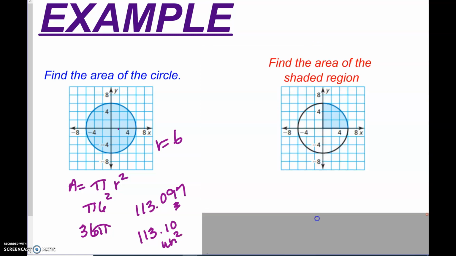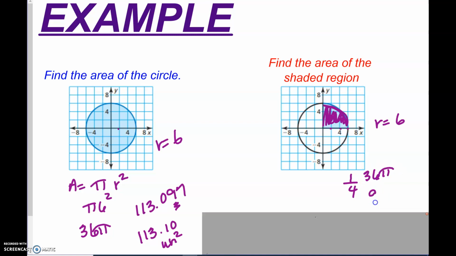So now, if we're doing the exact same circle, looks like they're counting by 2, 4, 6, so this radius is also 6. But now they want just this blue sector over here of the circle. How much is this of the whole thing? And I think most of you can look at that and say that that's 1/4. So we're going to take 1/4 of what we had, our 36 pi.